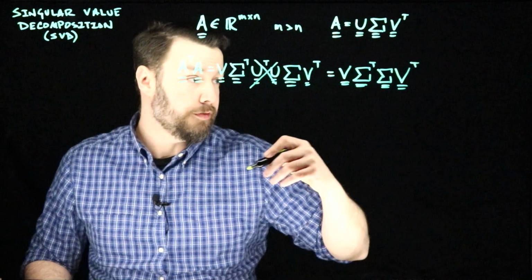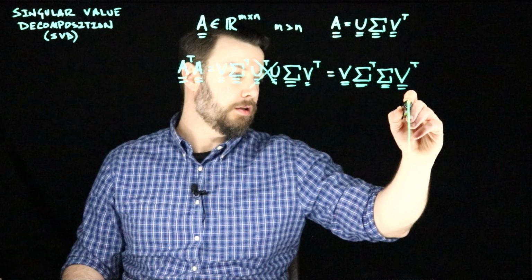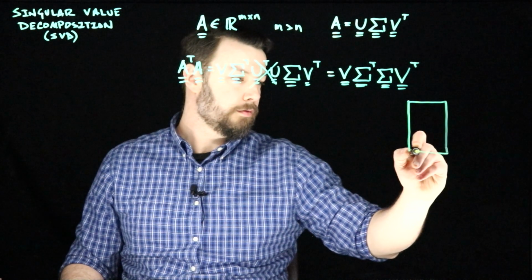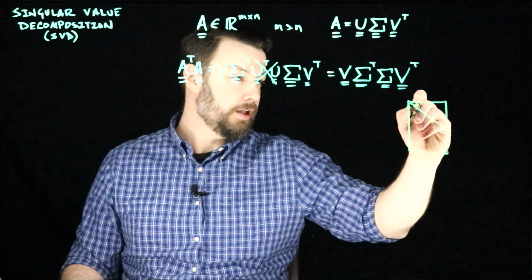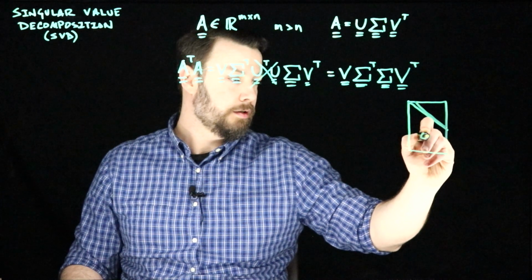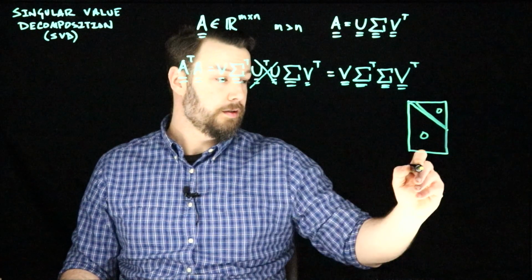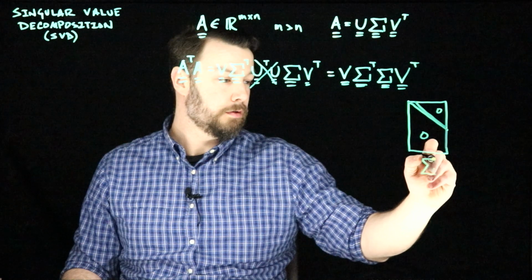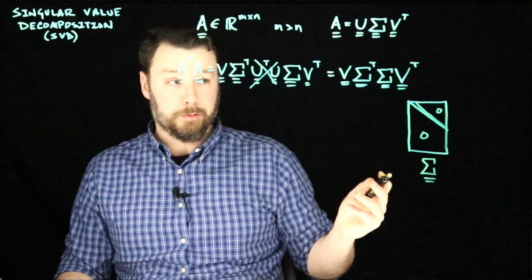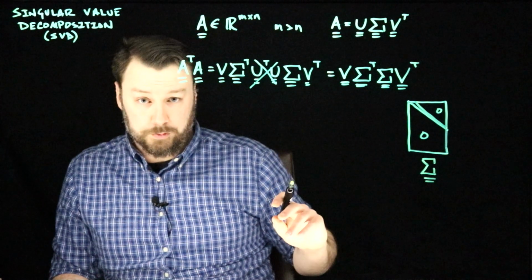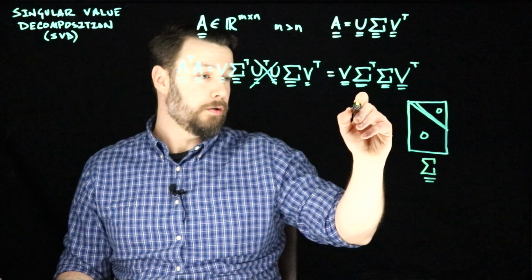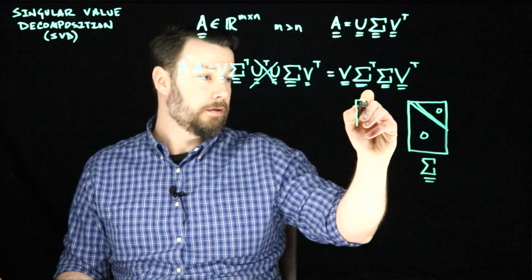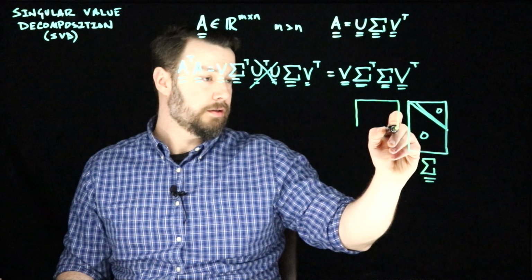If we did the full SVD, then sigma would look like this, right? We would have elements along the diagonal there, and zeros elsewhere. That would be sigma. And then we would be hitting it on its left with its transpose, a matrix like this.